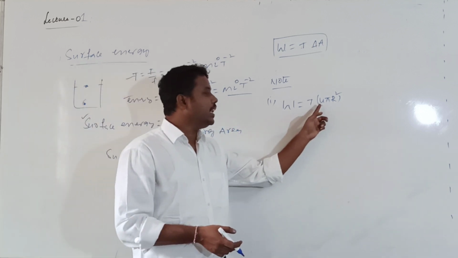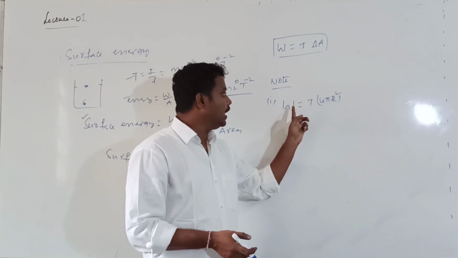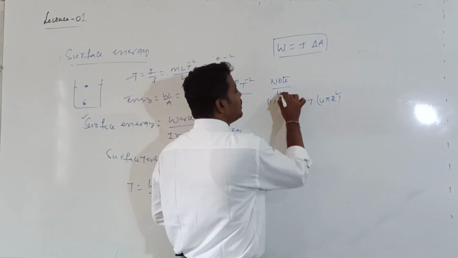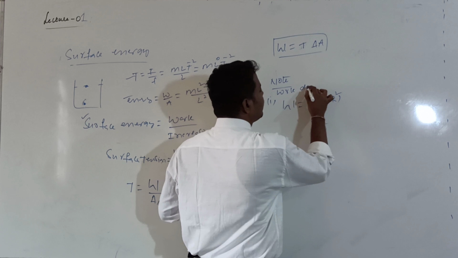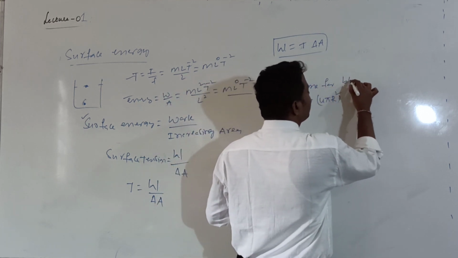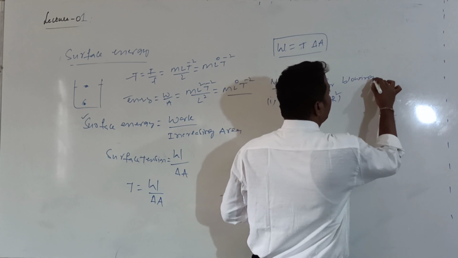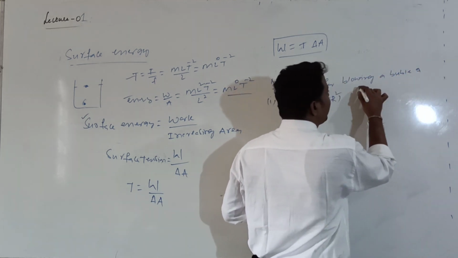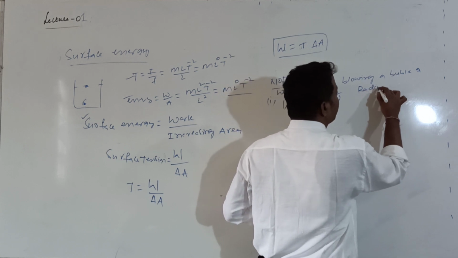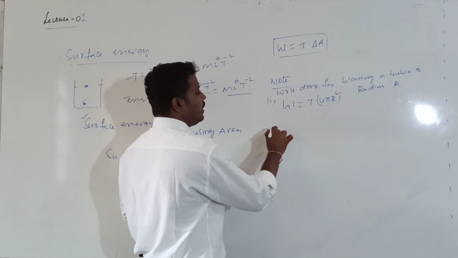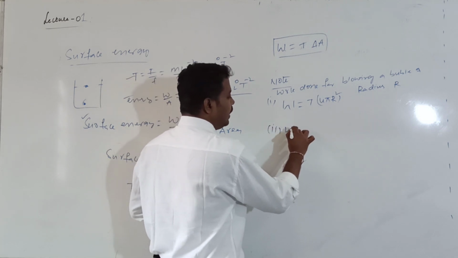So the increase in area is 4 pi R square. Work done is equal to T into 4 pi R square. This is the work done for blowing a bubble of radius capital R. Clear?